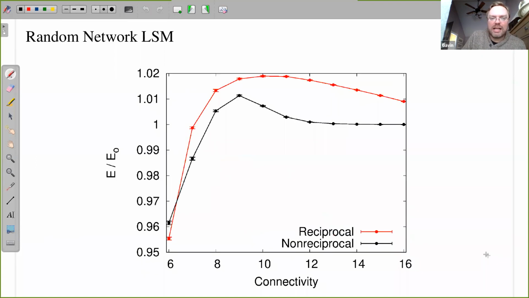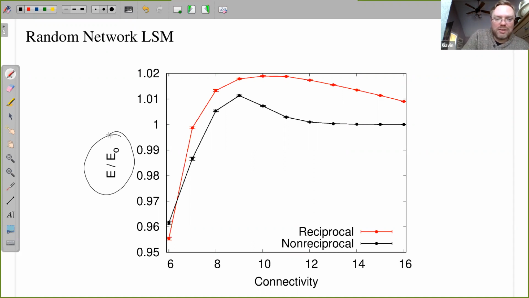And so here's a plot of the elastic modulus. As you get to higher connectivity, it's getting towards 1. This is the Young's modulus divided by the target. Remember, you set the spring constants based upon the Young's modulus and Poisson's ratio that you want to capture, and the idea is you're trying to get to that.